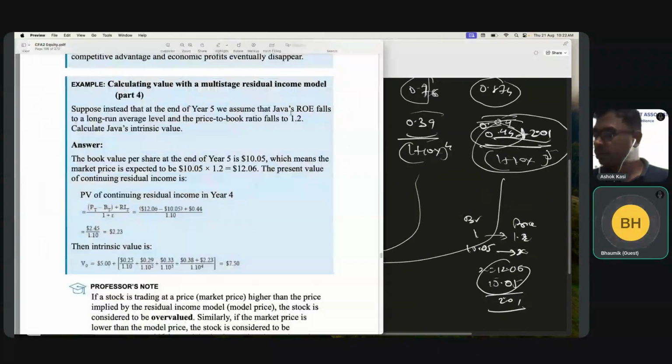But that language is quite odd. It says falls to a long run average level. We assume, suppose instead at the end of year 5.